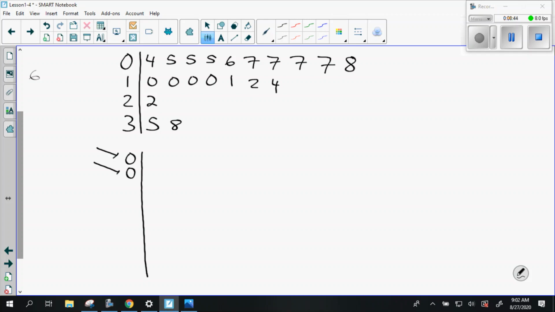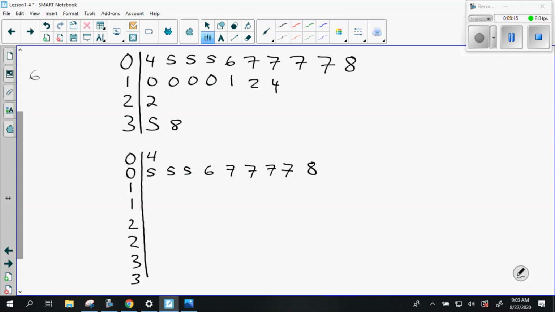So 0 to 4 is just 4, right? And then this one will be anything from 5 to 9, which is 5, 5, 5, just copying down from up there, my values that were in the 0 stem that are from 5 to 9. So we're going to have a 1, 1 there, a 2, 2, and a 3, 3. And that's how we're going to split the stems on this one.